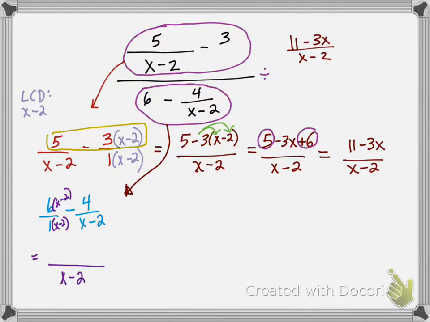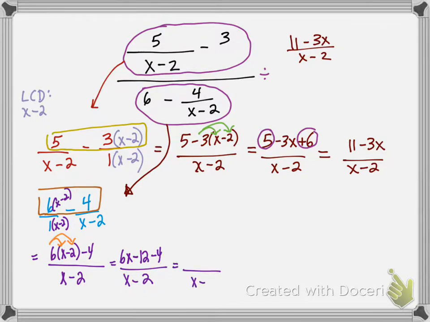And let's take a look at what's in my numerator. I have 6 times quantity x minus 2 minus 4. So let's write that in the numerator. 6 times x minus 2 and then minus 4. All right, so I do need to distribute the 6 to both terms, right? So 6 times x is 6x. And 6 times negative 2 is negative 12, and then I have minus 4.